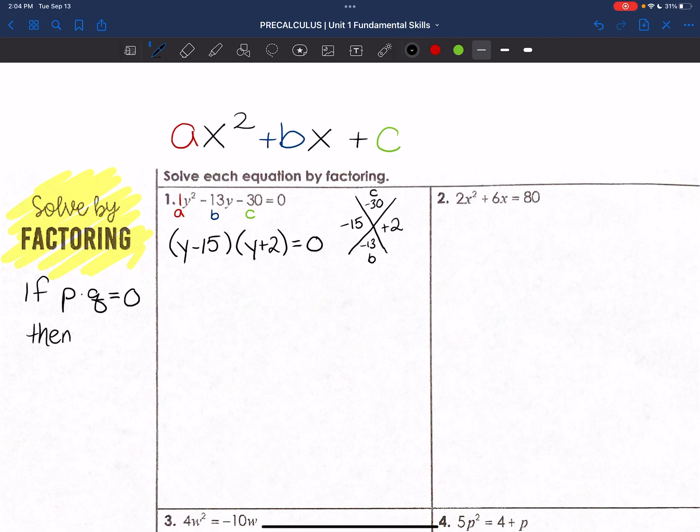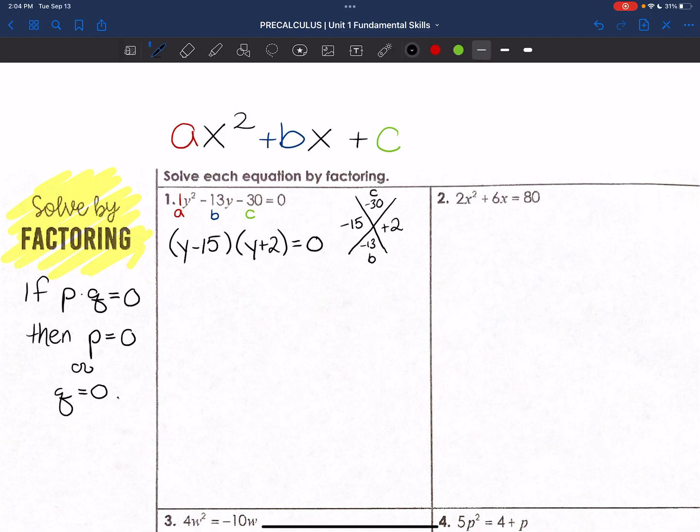Then P can equal 0 or Q can equal 0, because that's the only way that you will have a product of 0. The only way to have a product of 0 is if, when you take those 2 numbers and multiply them together, one of them was originally 0 to give you a product of 0.